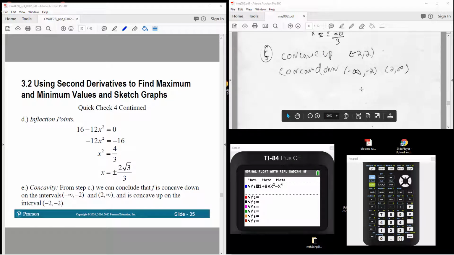And those points, the inflection points, are the points that set dividers between concave up and concave down, once you've found them.